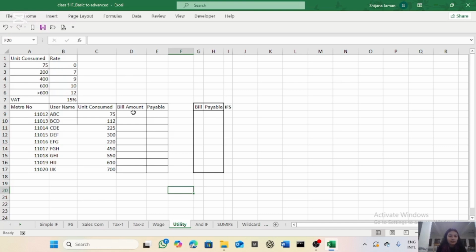For calculating bill amount, we have to press equal IFS.